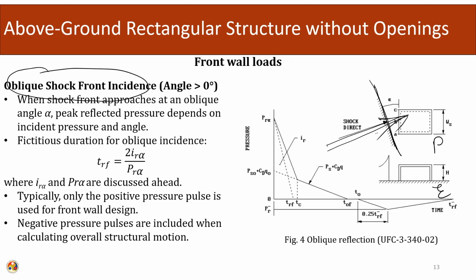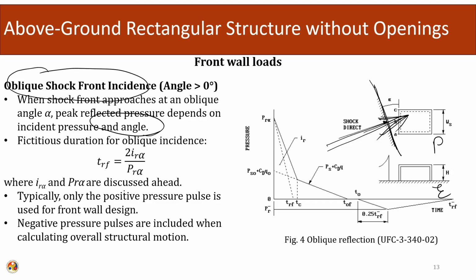Instead of the direct reflected pressure, it will see a component of that. When the shock front approaches at an oblique angle alpha, the peak reflected pressure depends upon the incident pressure, the interaction between the incident pressure and the structure, and the angle at which it is attacking the structure.